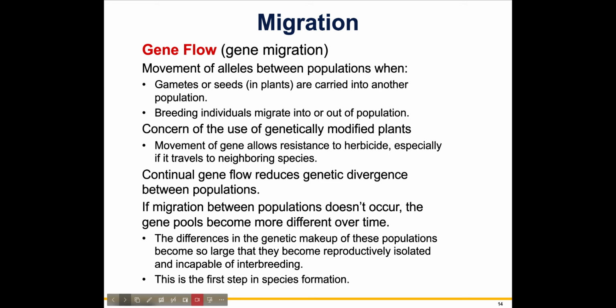Their gene pools become different, and then they're isolated and they won't reproduce with each other. And really, that's the first step in getting a brand new species is isolating these populations. And when we put them back together, they won't mate with each other any longer.